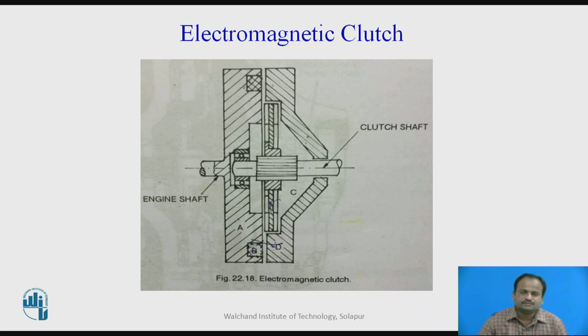Inside the flywheel itself the winding is present, and when the current is passed continuously, the pressure plate is attracted towards the flywheel due to electromagnetic force, and when the power supply is closed, the clutch is disengaged.